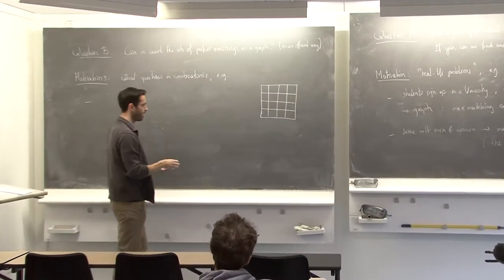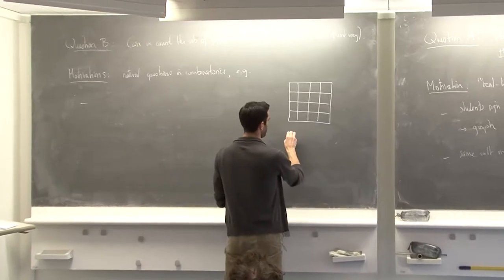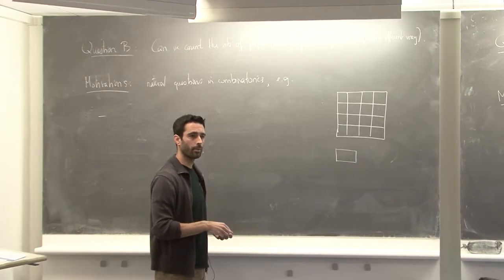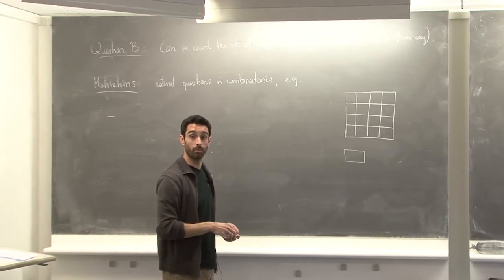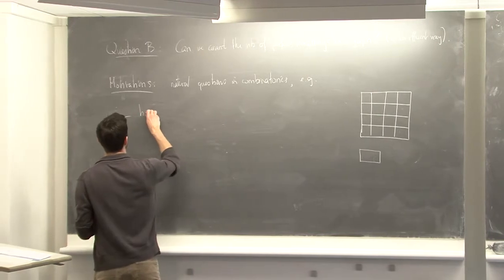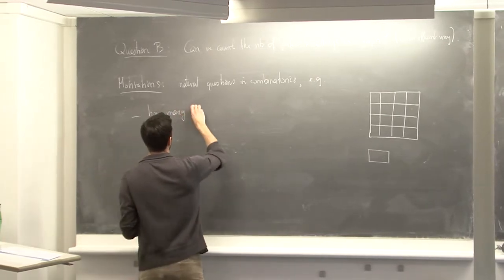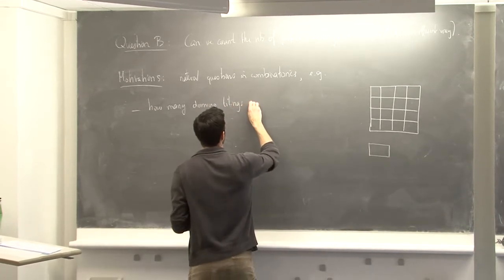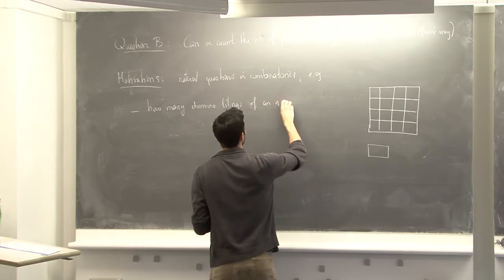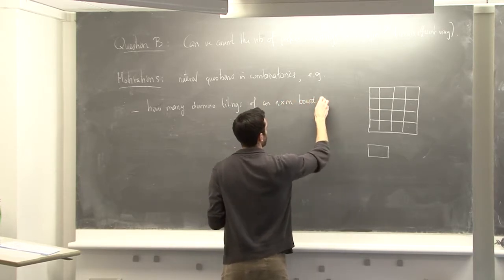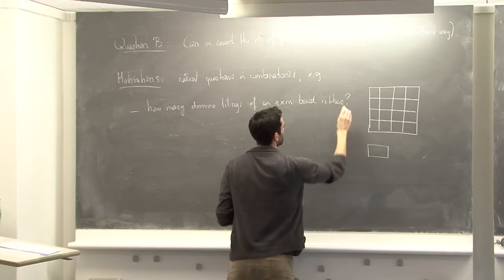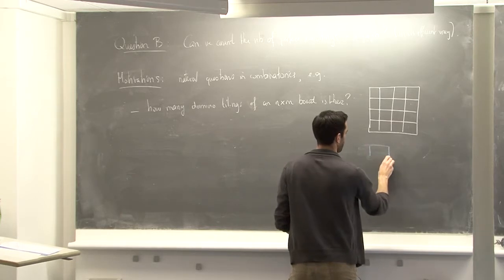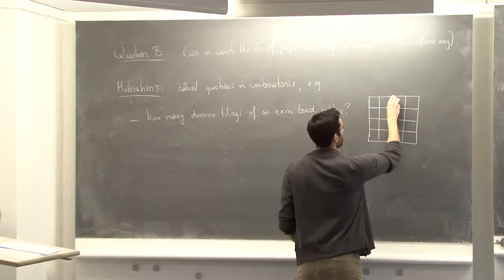And you want to tile this board with dominoes that are 2x1. Question: how many domino tilings of an n times m board are there? Okay, so here I'll just give you one tiling.